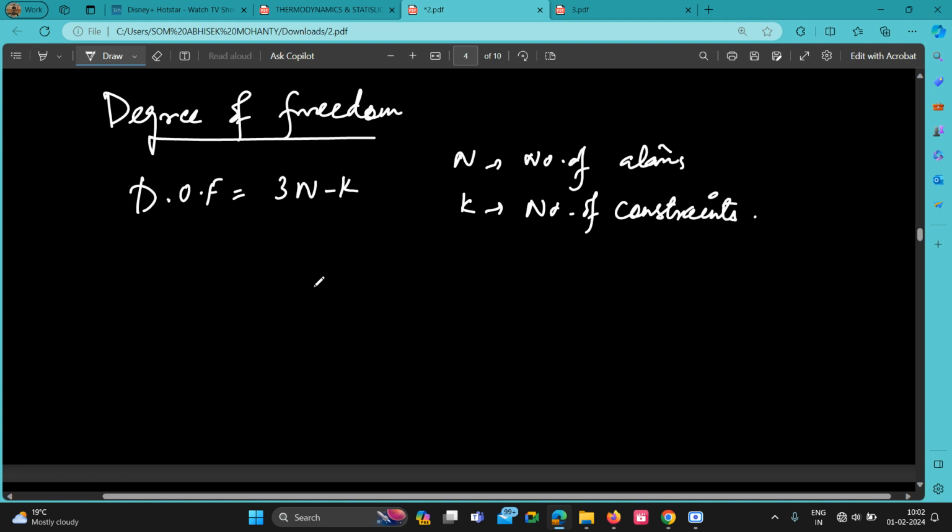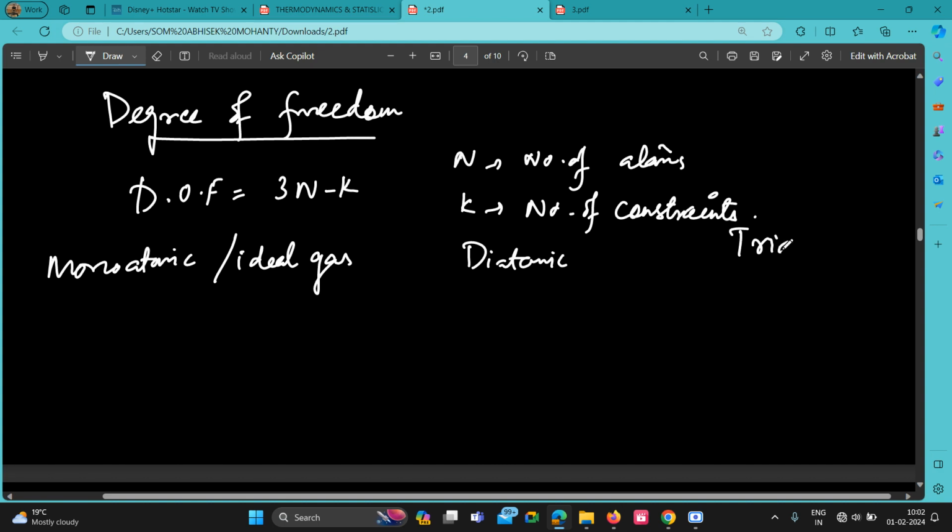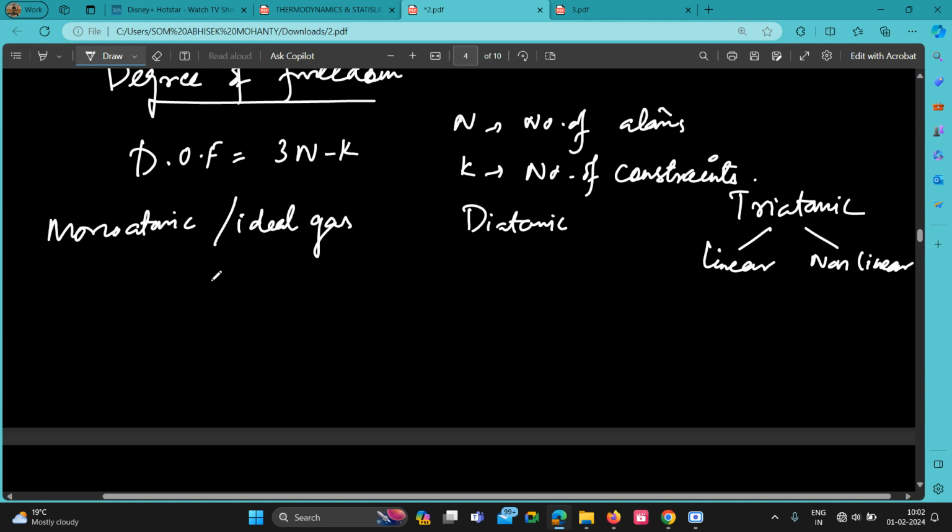So monoatomic ideal gas, then there is diatomic, then there is triatomic, linear and non-linear. So for monoatomic gas, the degree of freedom is 3.